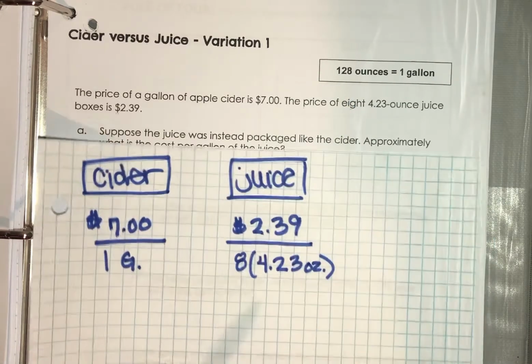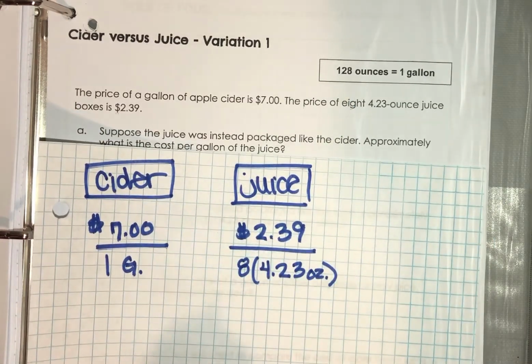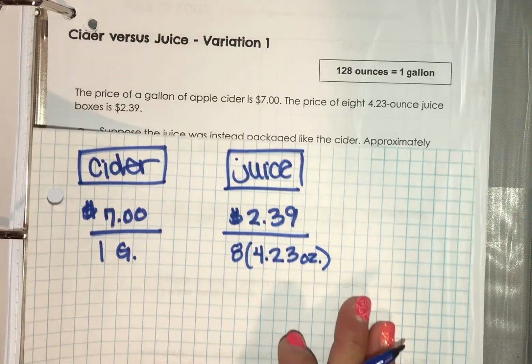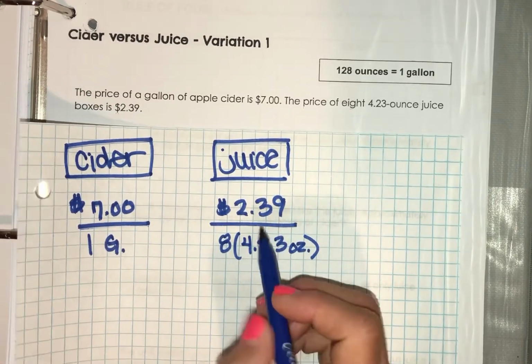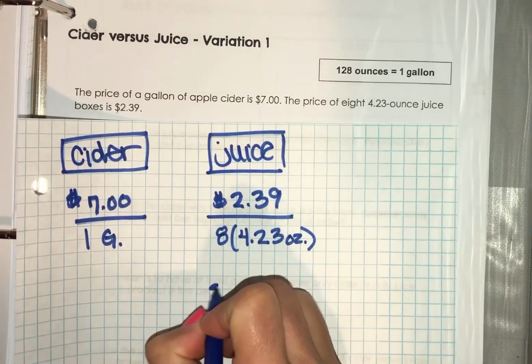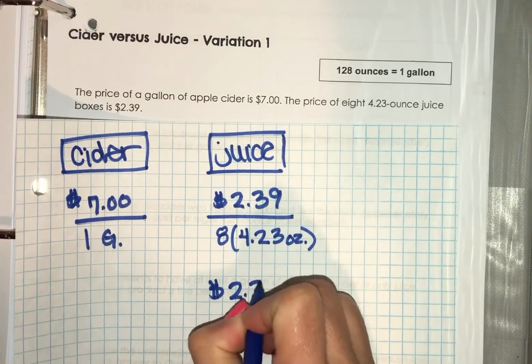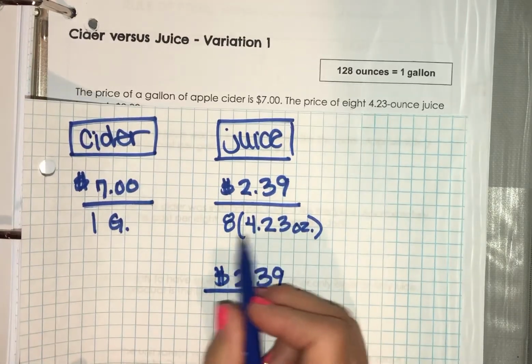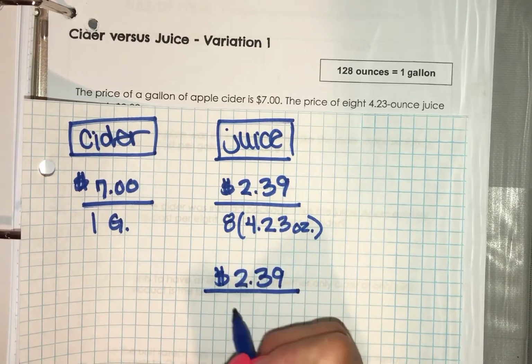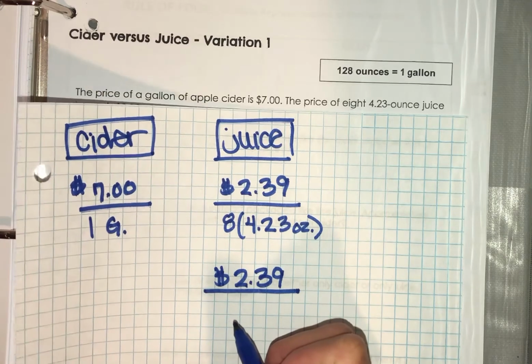So first, let's find out the unit rate for your juice boxes. Let's do 8. We'll rewrite this. So we have $2.39 over, and then let's multiply this out and find out how many ounces total are the juice boxes.